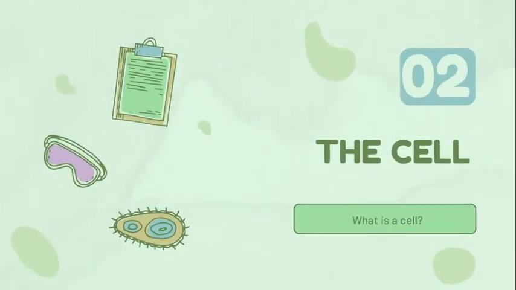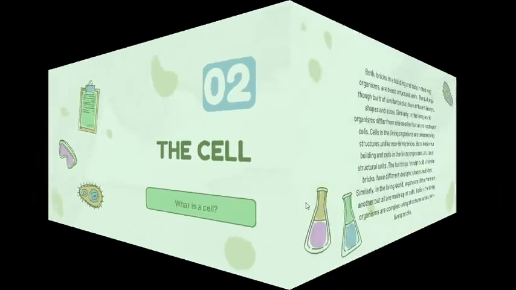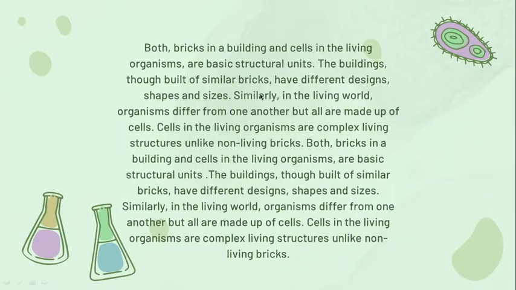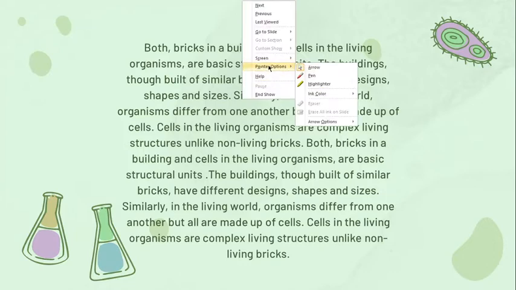Let's move into our next topic, which is the cell. In this topic we'll learn what a cell is. Both bricks in a building and cells in living organisms are basic structural units. Buildings are built of similar bricks having different designs, shapes and sizes. Similarly, in the living world, organisms differ from one another but are all made up of cells.